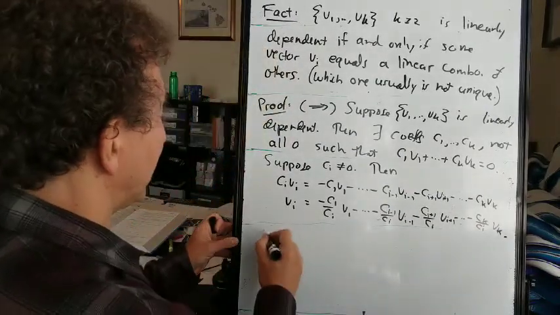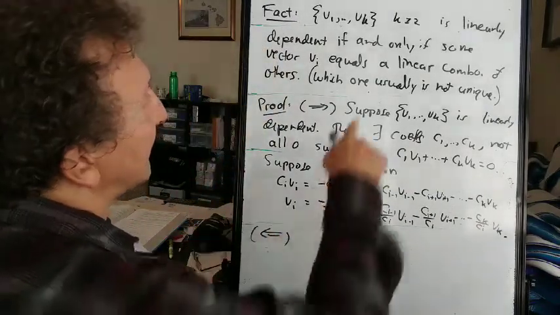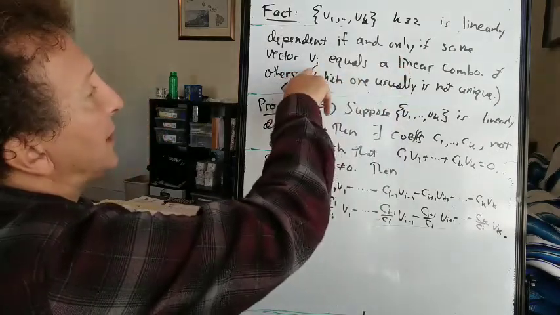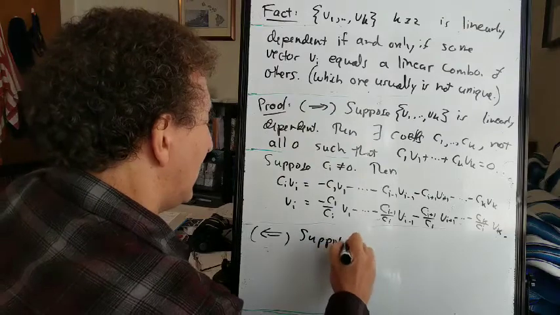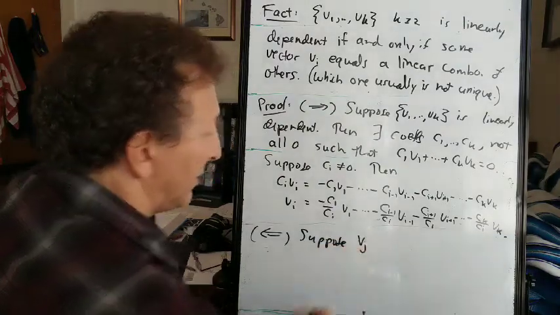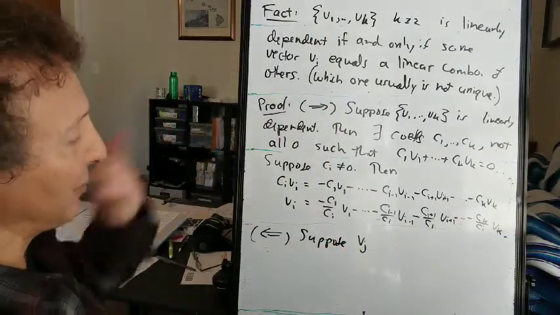For the other direction, let's suppose some vector equals a linear combination of the others. I'll use a different letter here so we don't confuse it with the first part of the proof.